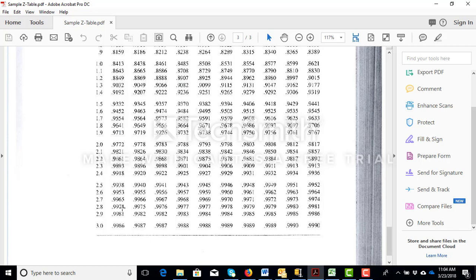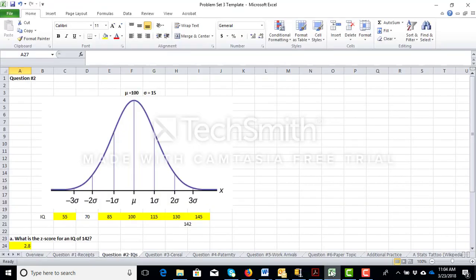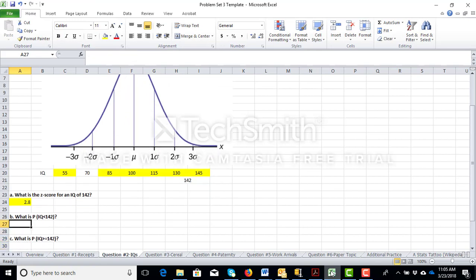It's important that you see not just where I got it from, which I'm pointing out to you, but why I picked that out of this table, because I'm looking for the percentage connected to a z-score of exactly 2.8. The answer is 99.74% would have an IQ, or the probability of an IQ of less than 142.